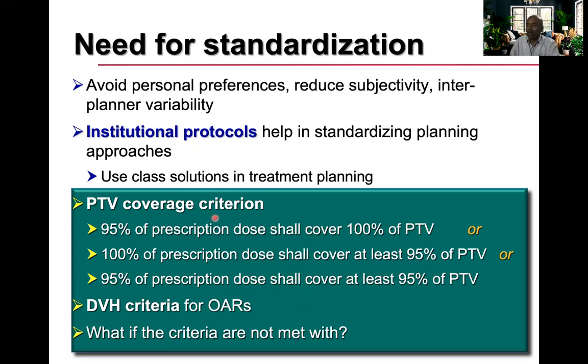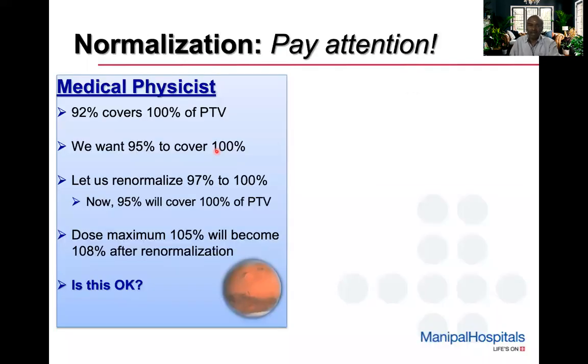Which criterion are you going to use for PTV coverage? DVH criteria for OARs, and then also the protocol should have the answers to questions like what if the criteria are not met. So everything should be clearly mentioned in the protocol so that everything can be standardized.